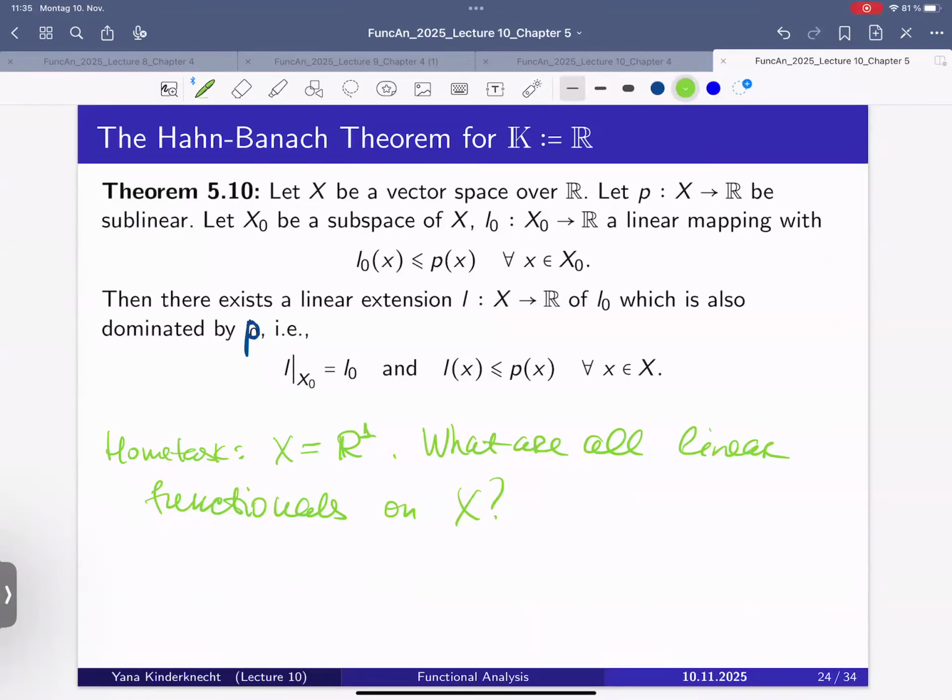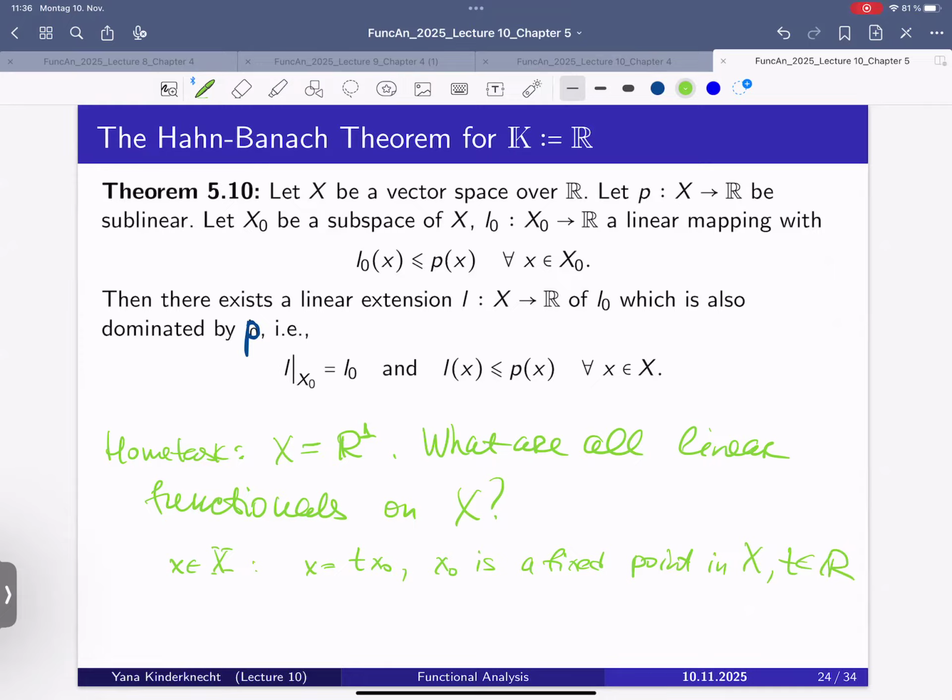If we have any x in X, it has the form t x0, where x0 is a fixed point in X, and t is just a real number from our field.